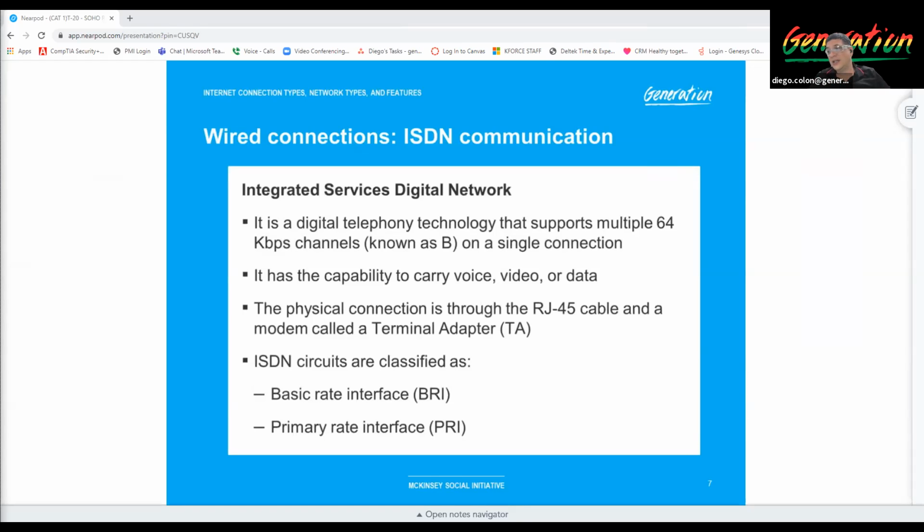The main thing to understand is that this is usually on basic rate interface or primary rate interface, PRI or BRI. There is detail on each one, their signaling types and their use. Usually in the United States the majority are PRI, and in Europe or Latin America you will usually find BRI being used.